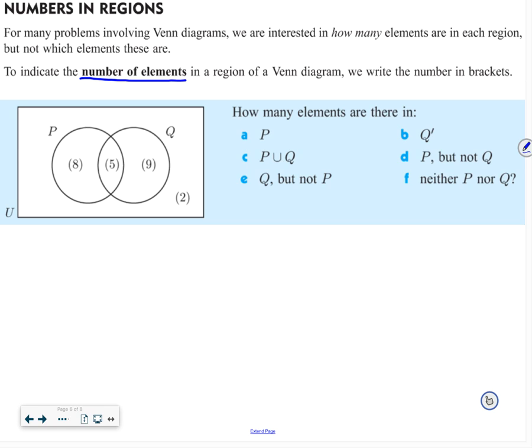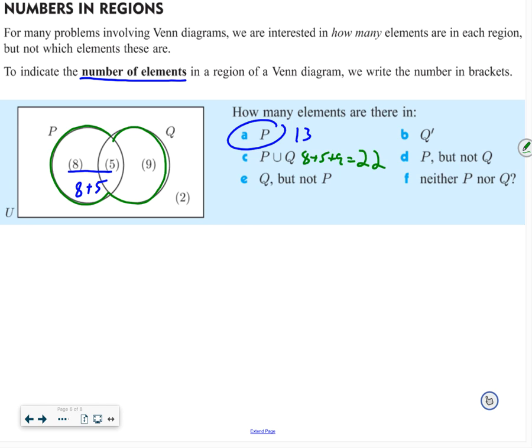So in P, we have to remember that these 5 are also in P, even though they're in Q. So the number of elements in P's region, we have to do 8 plus 5, so we have 13. So P union Q, that's everything in this region, so we do 8 plus 5 plus 9, and we get 22.